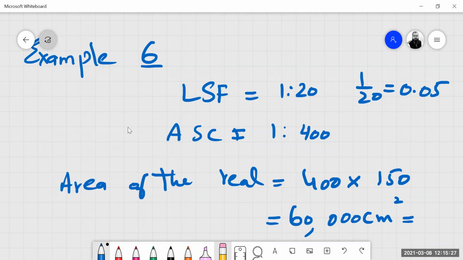If we convert 60,000 into meters, it will be 6 meters square.